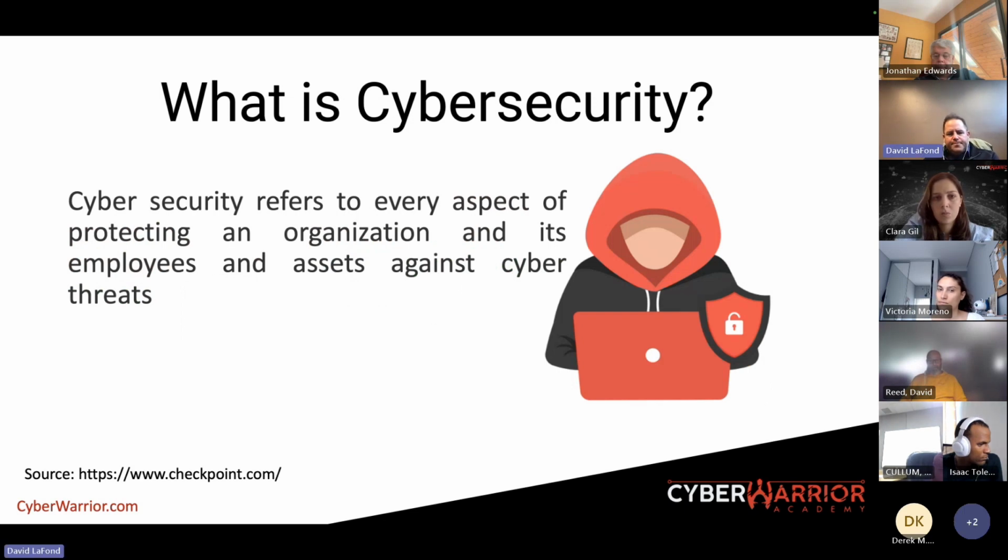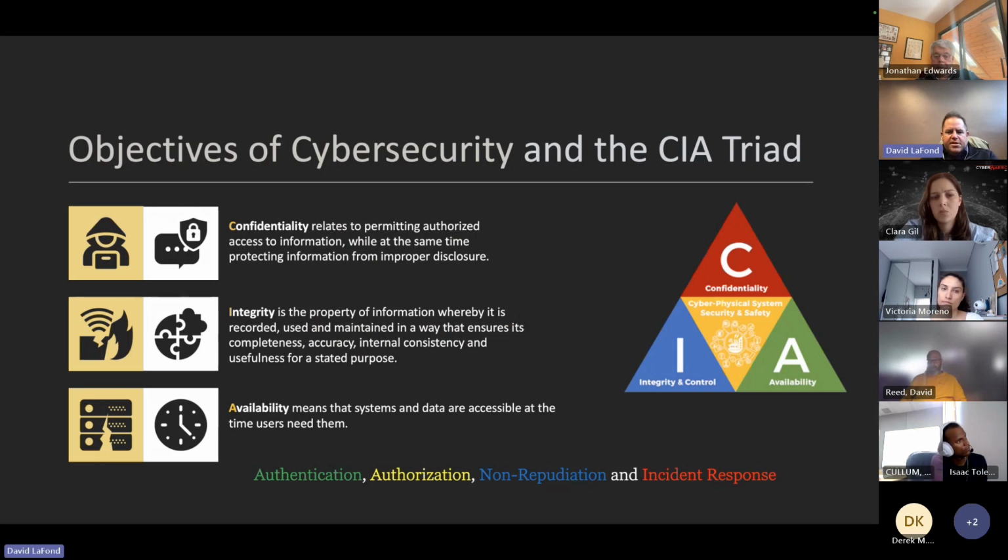So what is cybersecurity? Again, we're talking about cyber threats, right? And protecting digital assets. It refers to every aspect of protecting digital assets and their associated employees in an organization from digital or cyber threats. And what is its objective?